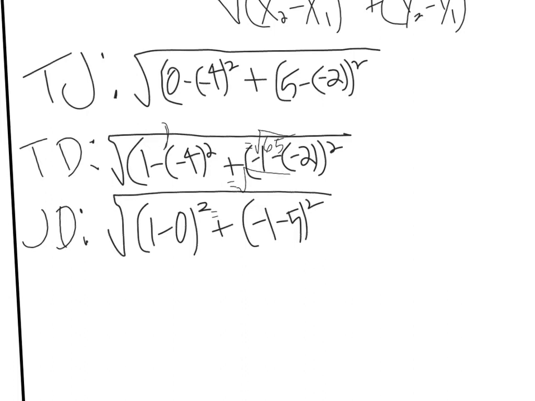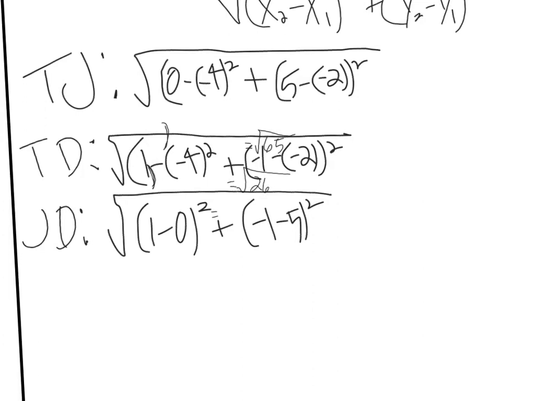This next one, TD, this will make 5, right? 1 minus -4. Again, I forgot my double parentheses right there. So 5 squared is 25. And then this one's -1 plus 2, so that's 1. And 1 squared is 1. So this is going to be the square root of 26.